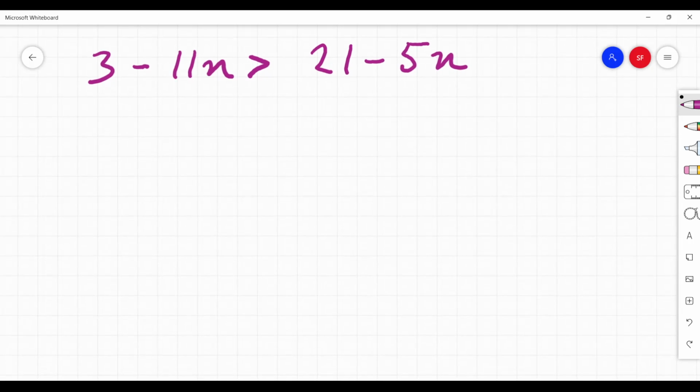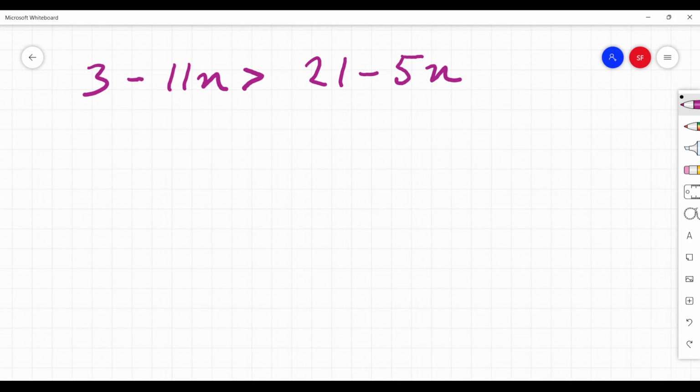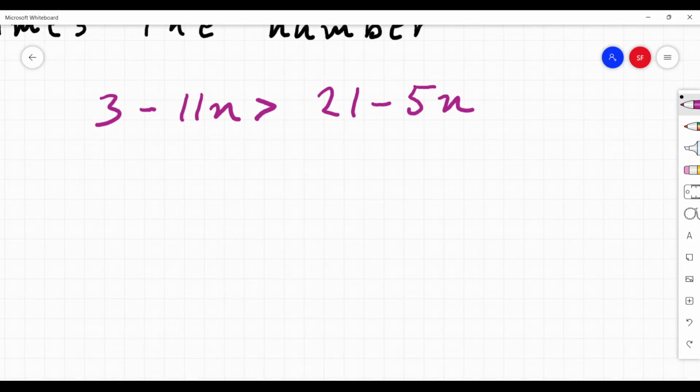So now what are we going to do? Put the variables on the same side. Okay, good. Which variable? Add 5n to both sides. Or to make it positive, we could add 11n. Yeah, but we want the variable on the left. We're going to add 5n to both sides.